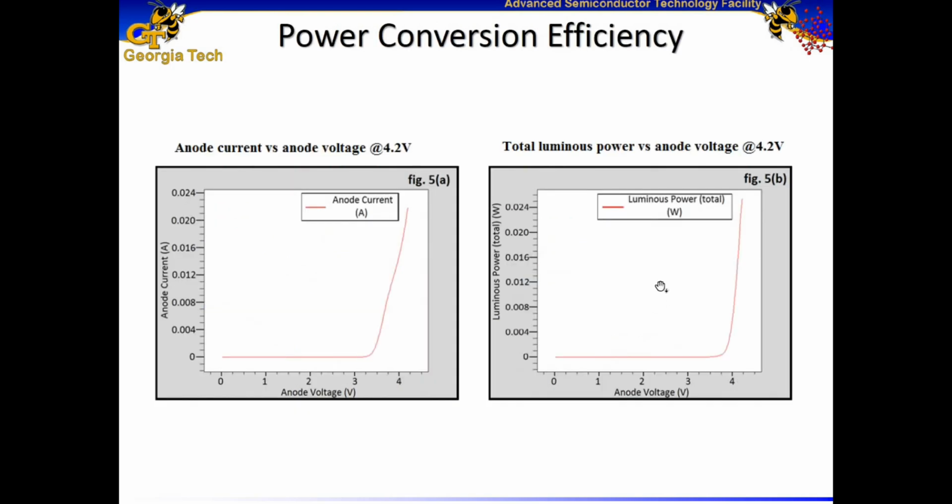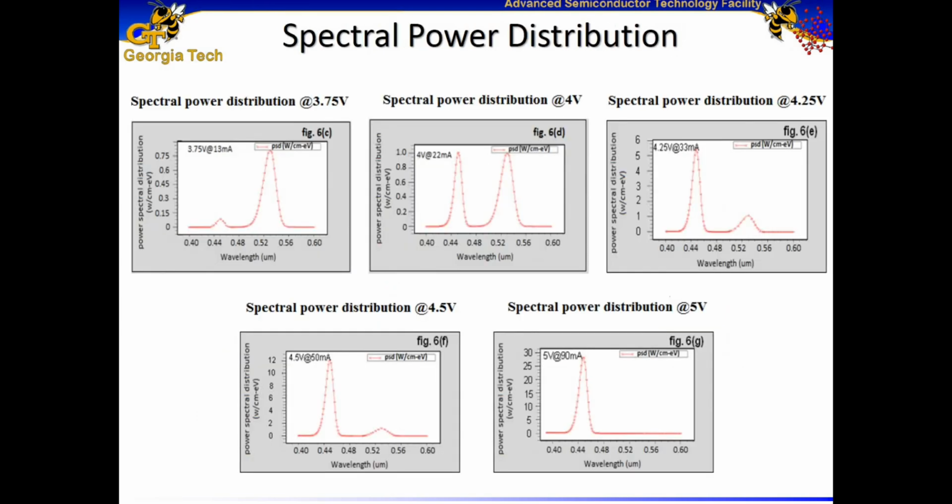And then from this structure, which I previously simulated, I found out that at a voltage of 3.75 volts, corresponding to a current of 13 milliamps, I achieved an emission wavelength of around 530 nanometers.